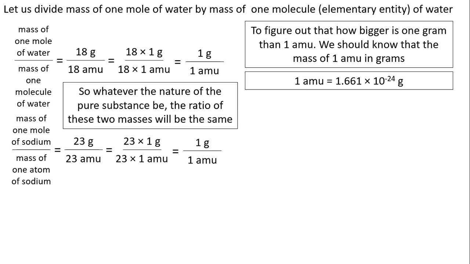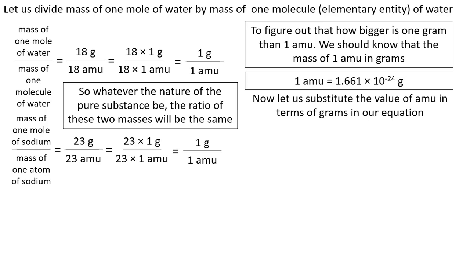This definition may look a bit familiar. This is what we have been talking about since the beginning of this video, and that's the Avogadro's number. If we divide the mass of 1 mole of a substance by the mass of one elementary entity of that substance, we will get the Avogadro's number, the number of elementary entities in 1 mole of a particular substance. That may be a bit harder to grasp for the first time, but if you ponder it for a moment, you will understand what I'm saying.